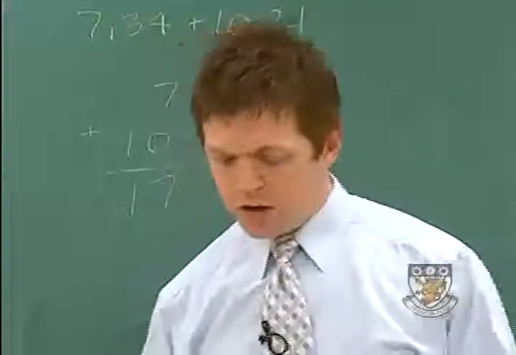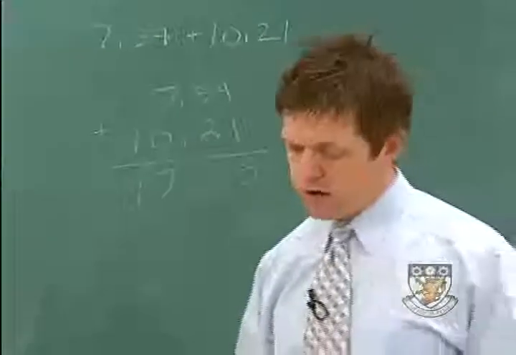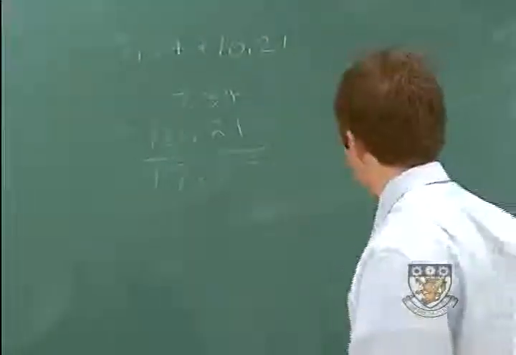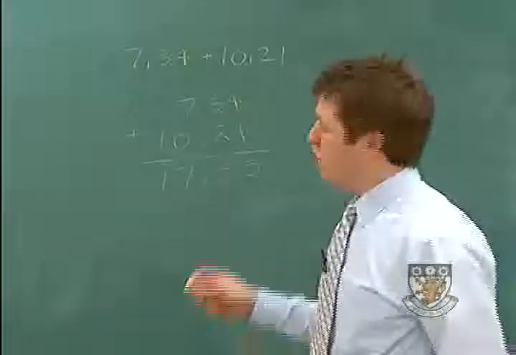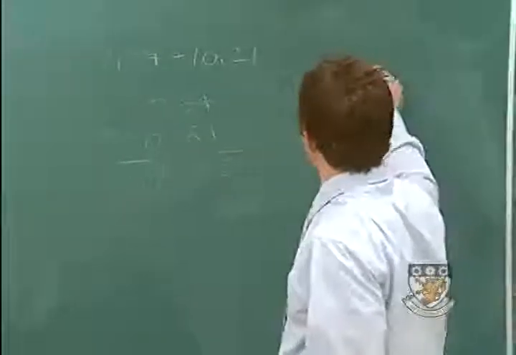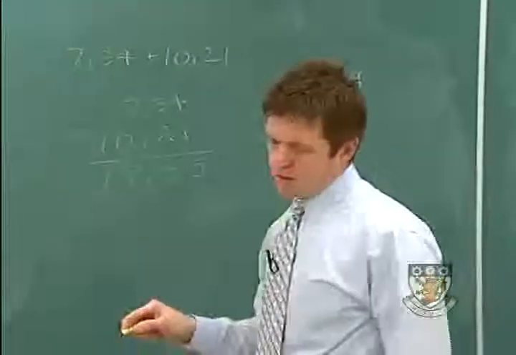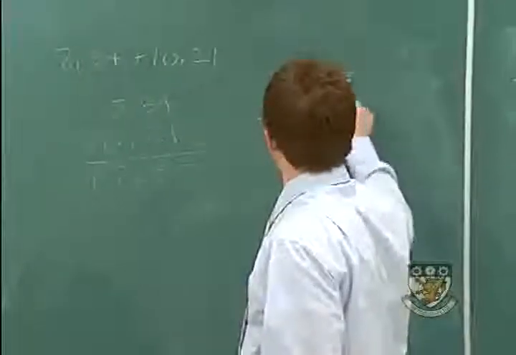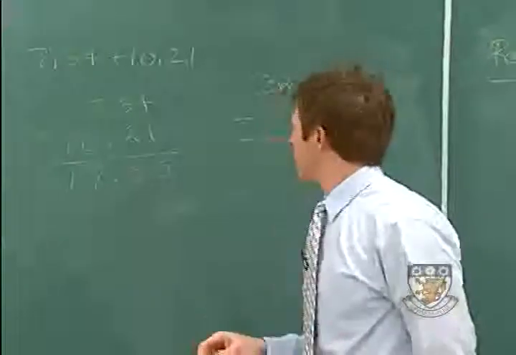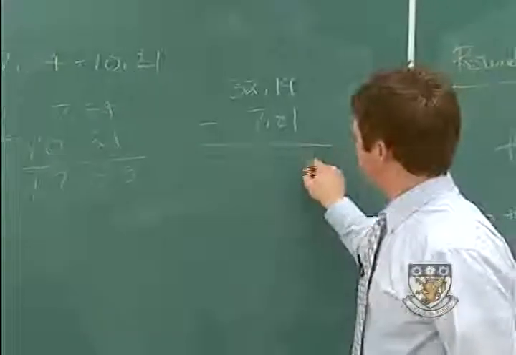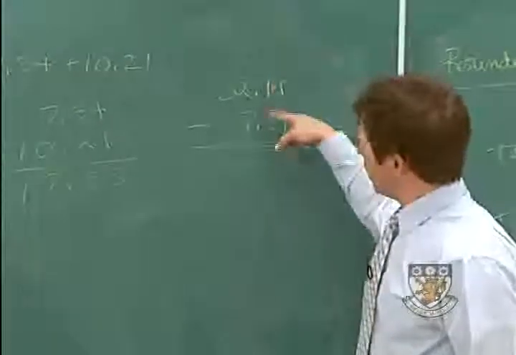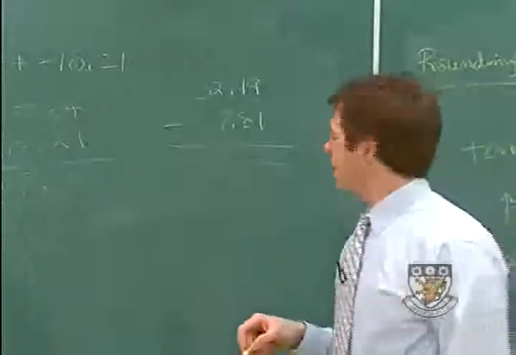If we were to be subtracting and we needed to borrow, borrowing is the hardest part of subtracting decimals. Subtract here, 7.81. 9 will subtract 1 to get 8, but 1 cannot subtract 8.